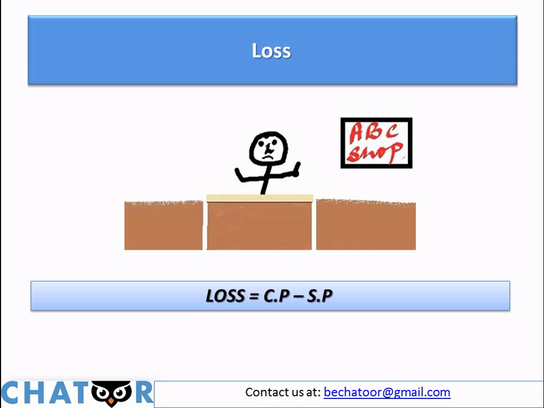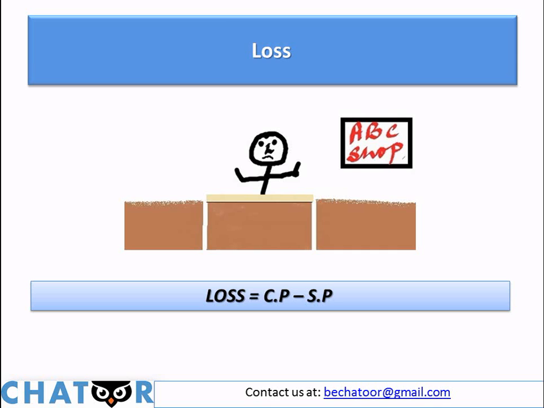Under such a circumstance, I remember him calling all his ex-customers, all the people who had bought from him, and asking them if they required this latest phone, and he was even ready to give it at a price either equal to his cost price, or in rare cases, in case of bulk orders, even below the cost price. So what he was basically doing was selling his goods at a loss.